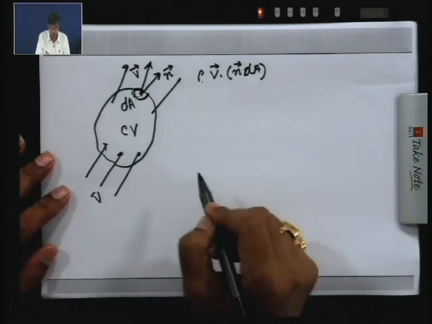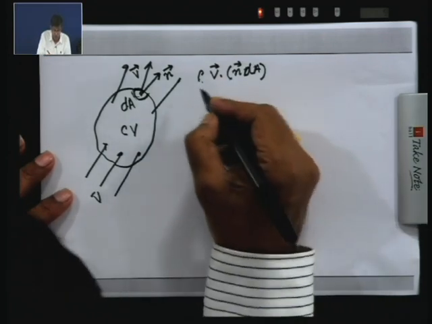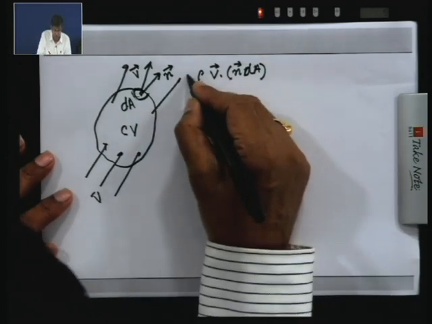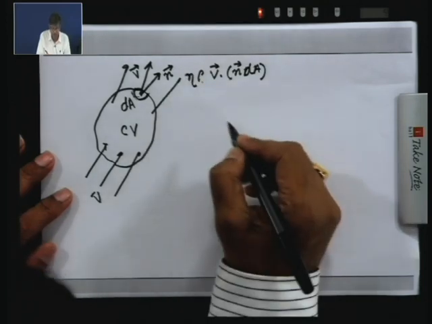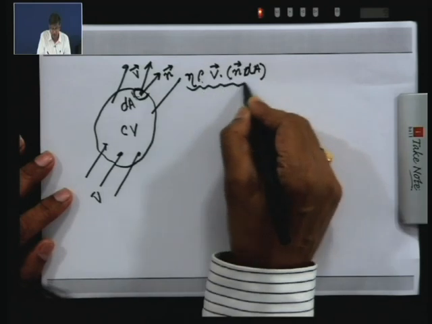This we already know. Now, if we multiply this with eta, what does it indicate?